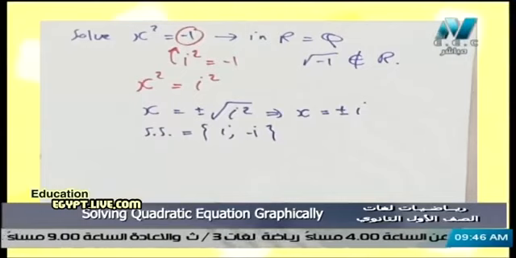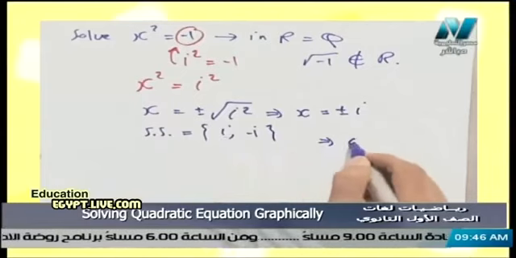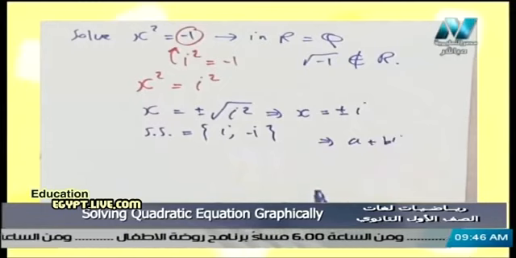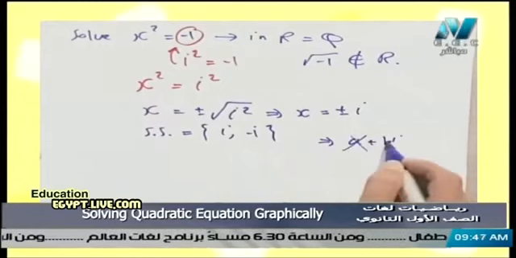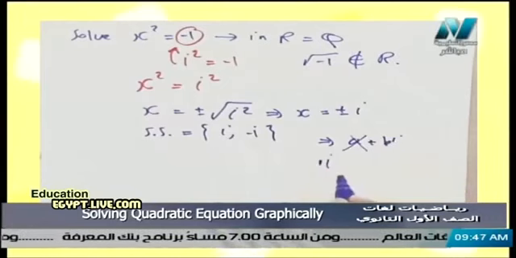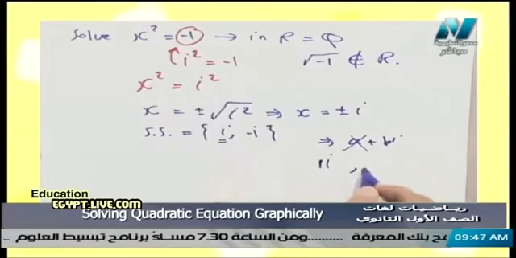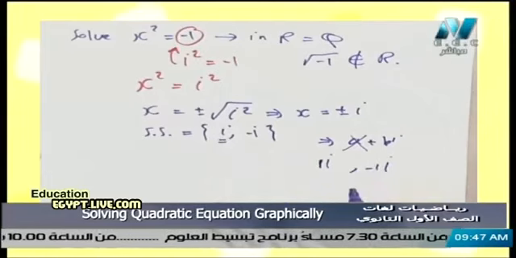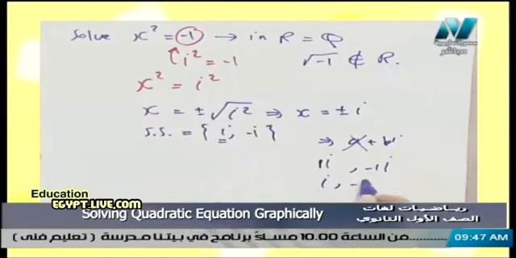You will ask me, what is i? We said about the complex numbers A plus Bi. Here A is 0, B is 1, so it's 1i. So the first solution is 1i, and the second one is -1i. But we don't write 1 or -1, so it's i and -i.